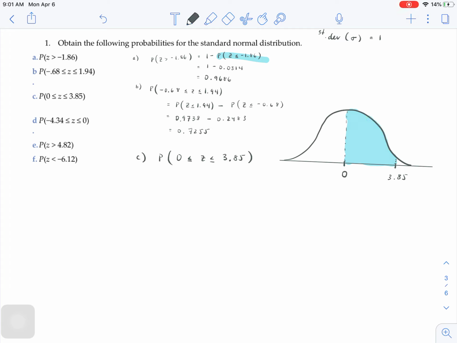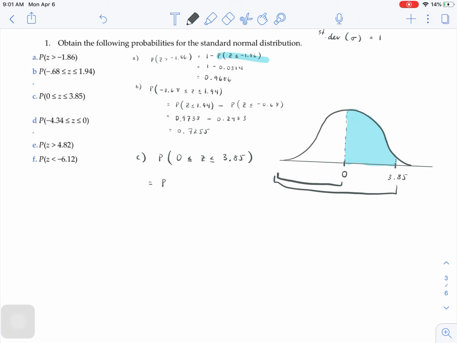Remember, the table gives us the probability to the left of each number. So if I look for 3.85 on the table, it'll give me the area all the way to the left of 3.85. Well, I don't want all of that area, I just want the shaded area. So in particular, I want the area to the left of 3.85 minus this area I don't want, which is the area to the left of 0.